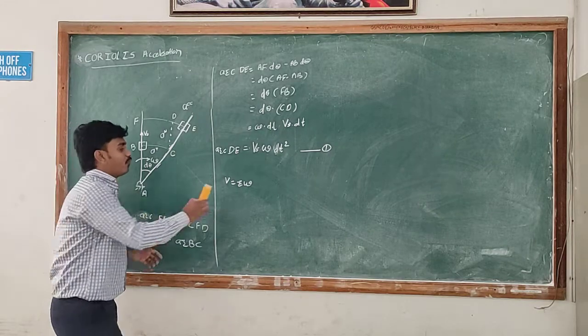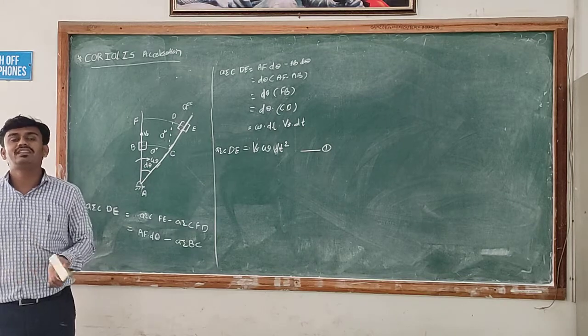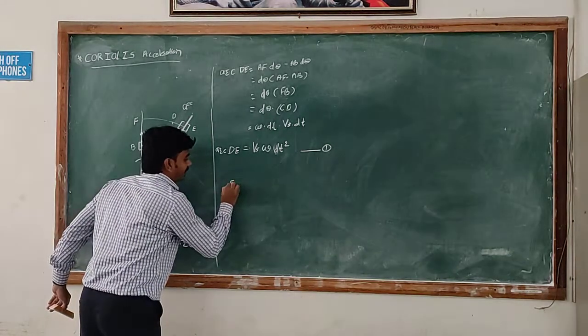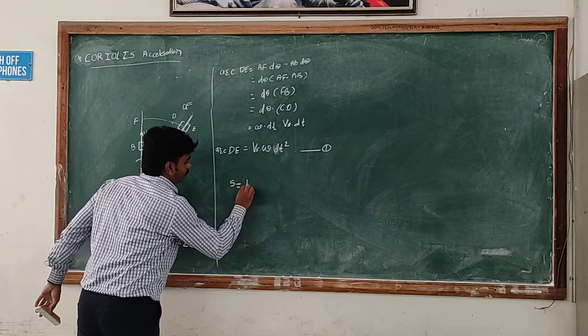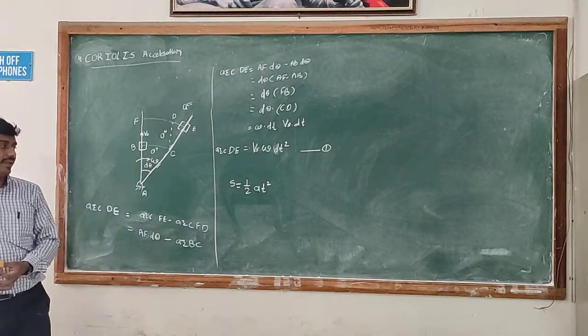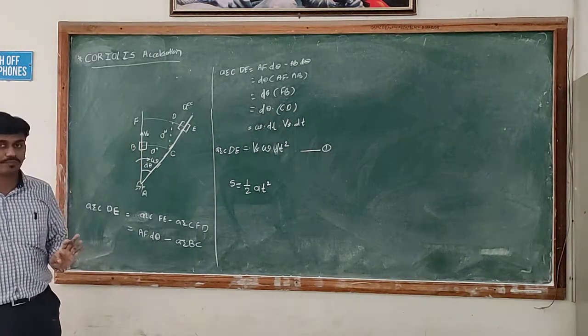Now we have a basic formula for the displacement. If S is the displacement, it is equal to 1/2 into a t square, where a is the acceleration and t is the time.